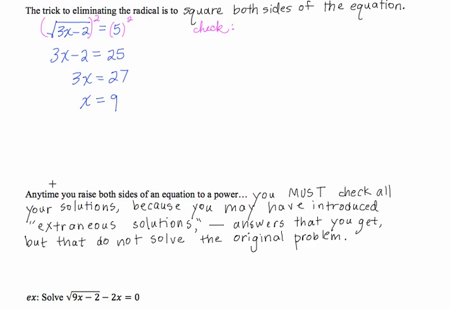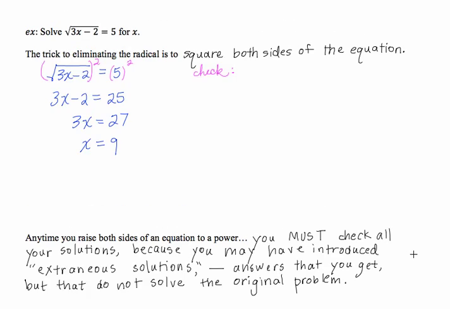That's what this down here says. Anytime you raise both sides of an equation to a power, you must check all your solutions by plugging them back into the original equation, because you may have introduced extraneous solutions, which are answers that you get but don't really solve the original problem.